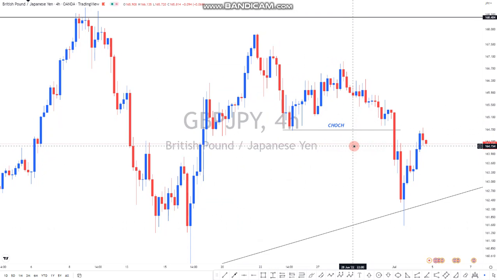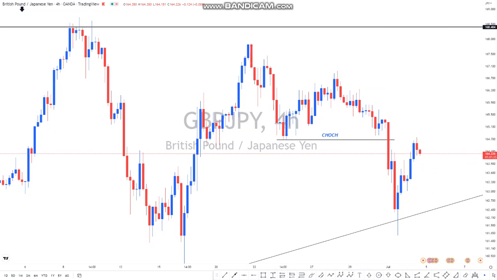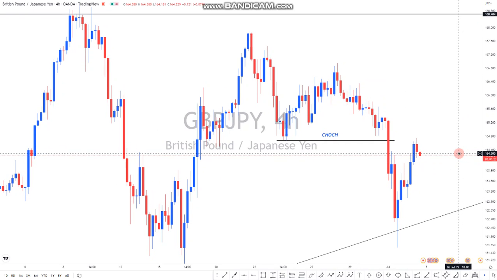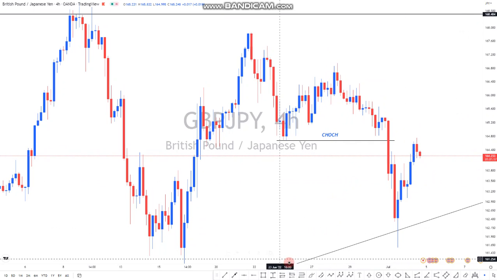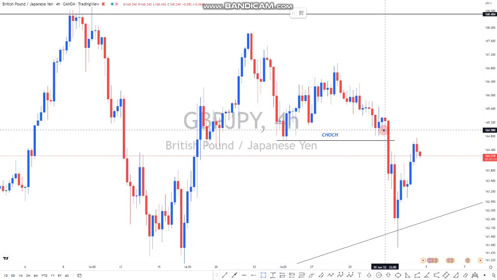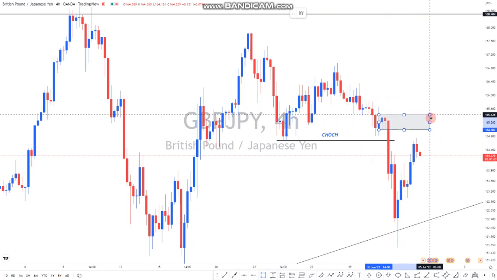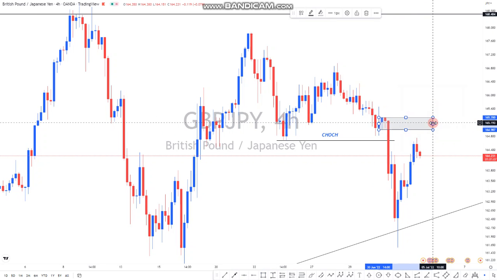So after the change of character, what we are looking for is the order block confirmation. Tunaenda ku spot order block yetu. So order block, I'll just spot this special candle here as a pin bar, bullish pin bar. That's my order block.